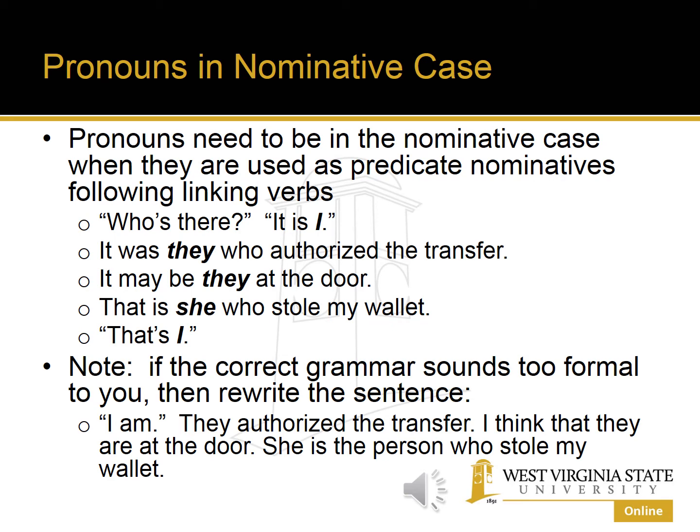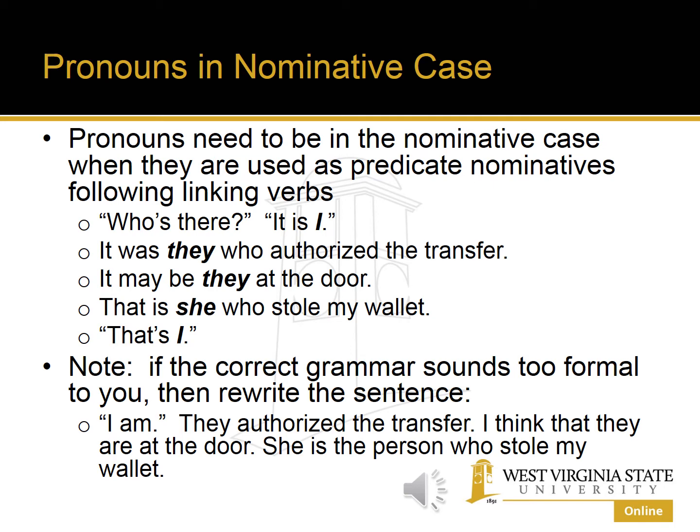So the point I want to make here is if the correct grammar sounds too formal for you, then rewrite the sentence. Say, for example, in answering the question, who's there, simply say, I am. Or instead of saying it was they who authorized the transfer, say they authorized the transfer.